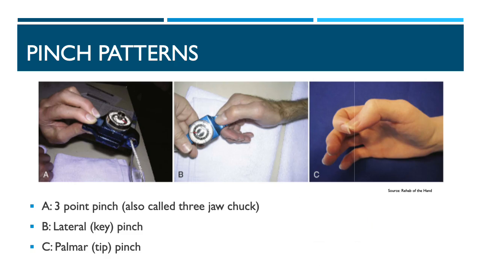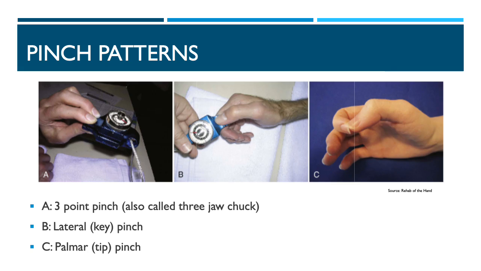In the first picture, you'll see what is called sometimes 3-point pinch. Sometimes, I don't know where this name came from, a 3-jaw chuck. I say 3-point pinch because you know exactly what that means. The lateral pinch is sort of the key position.